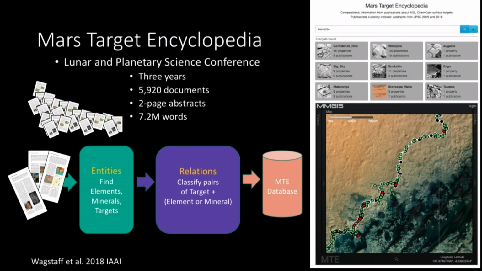And this allows the scientists to use the Mars Target Encyclopedia to enter the science topics they're interested in and automatically be driven to science locations or targets on Mars, locations where other scientists have found these topics of interest. For example, the scientists can type in hematite, a mineral which is very interesting because it forms in the presence of water, and find out what other sites scientists have talked about hematite in relationship to.